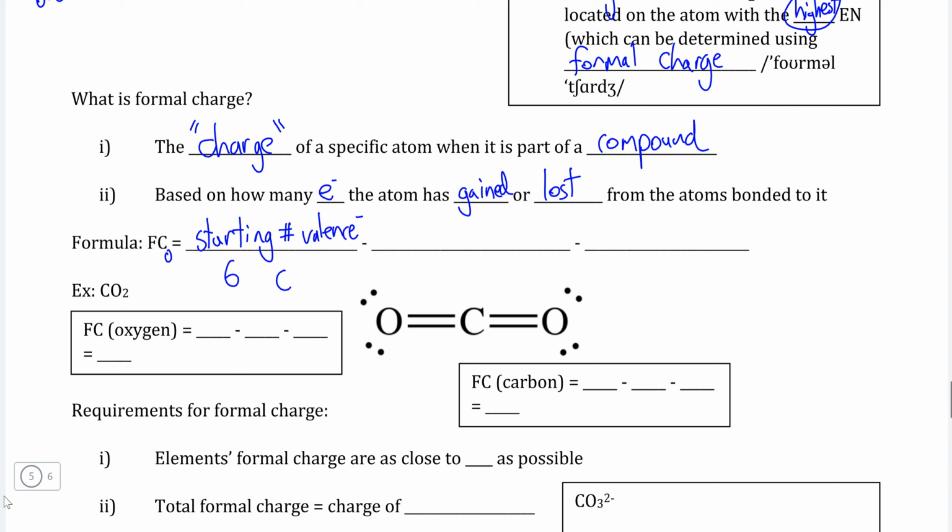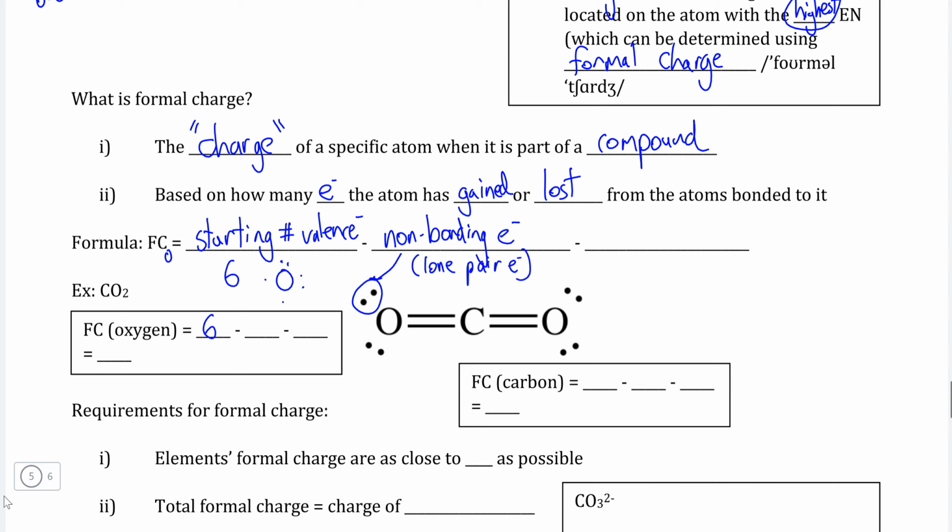So oxygen, neutral oxygen as an atom, starts with 6 valence electrons, and then from there we subtract all what we call non-bonding electrons, which sounds a little bit confusing, but remember that electrons in a Lewis structure can either be bonding electrons, meaning that they are shared, or they can be lone pair electrons, which belong only to one element.